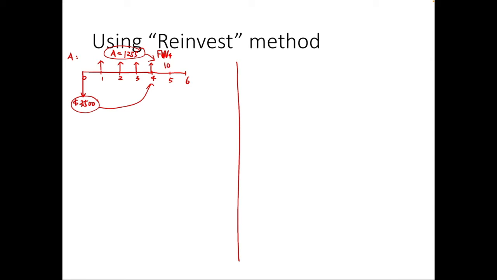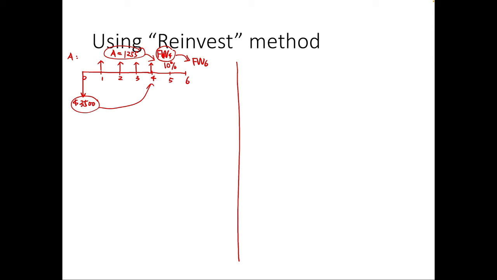We don't know, but we know that the interest rate is 10% as the MARR. Okay, so we want to convert this to FW6, which means we want to convert the cash flows at the end of the 4th year to a future time at the end of the 6 years.